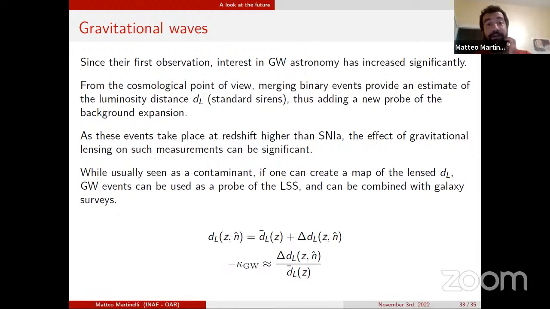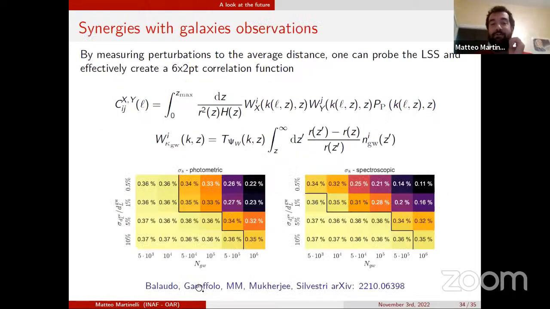What we have shown in this work was how to get a 6x2 point correlation function, in which we have galaxy clustering, weak lensing, the cross correlation, but also the gravitational wave lensing, the kappa field coming from gravitational waves.